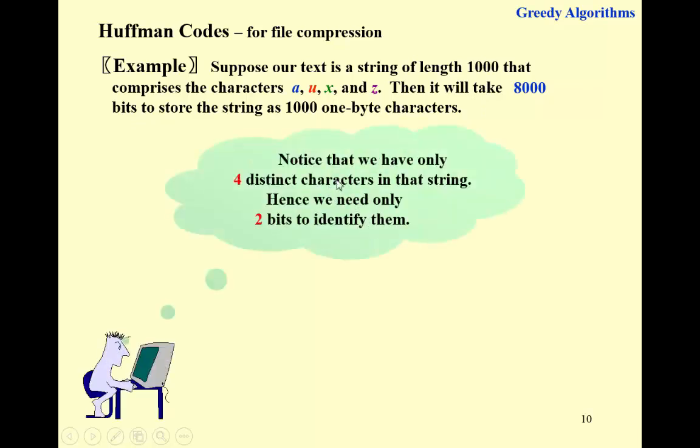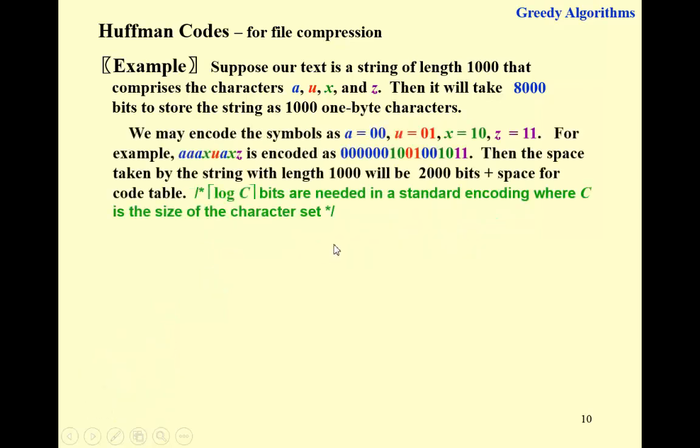However, we realize that we only have 4 distinct characters in that string, and therefore we need only 2 bits to identify them, right? Because each bit has 2 values. 2 bits can represent 4 distinct characters. So this is one way that we can encode those symbols: A as 00, U as 01, X as 10, and Z as 11.